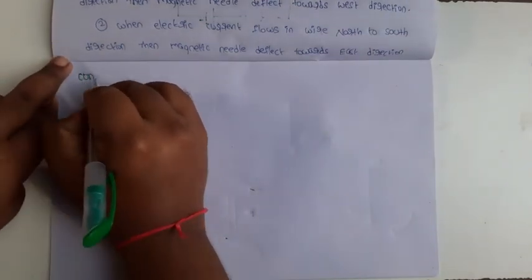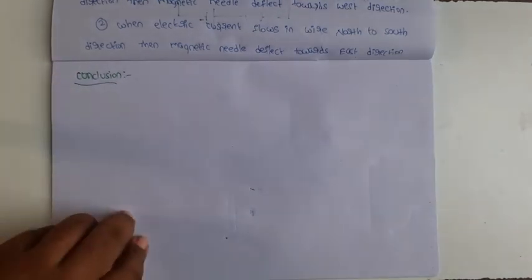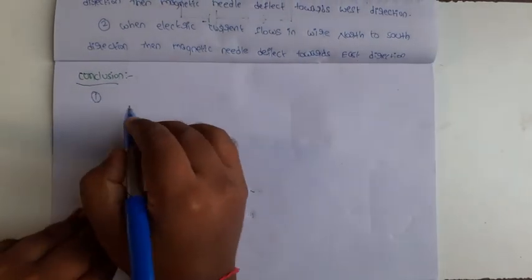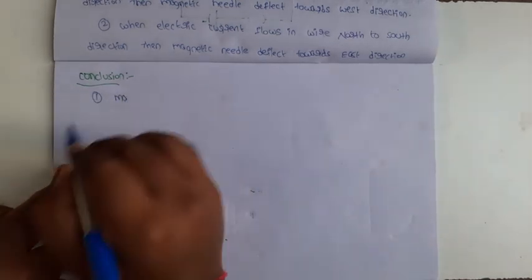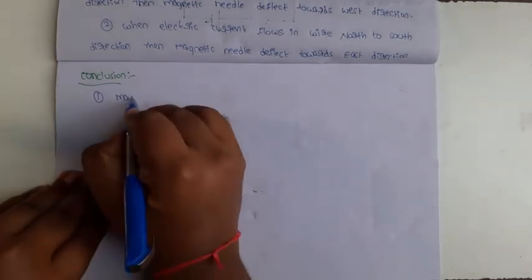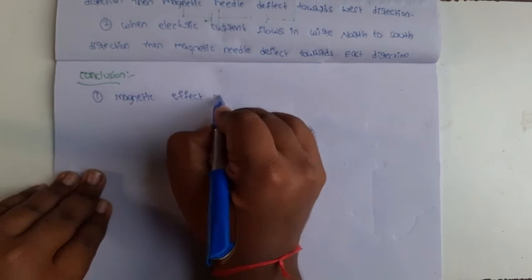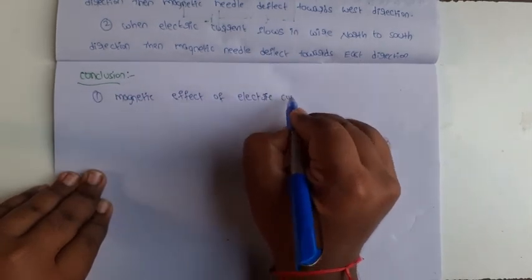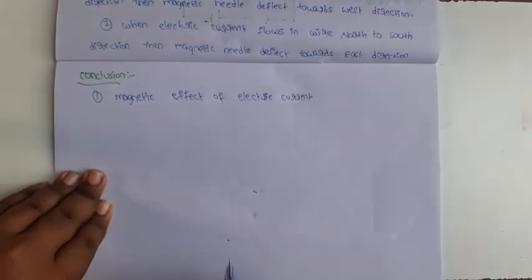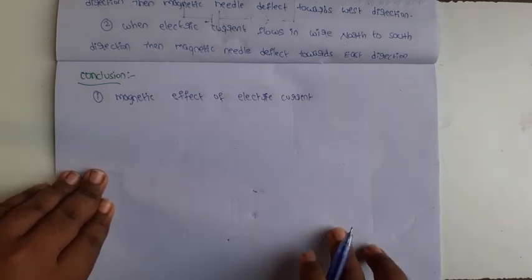Conclusion. From this experiment he concluded the magnetic effects of electric current. When current is passed in a conductor, that conductor behaves as a magnet.